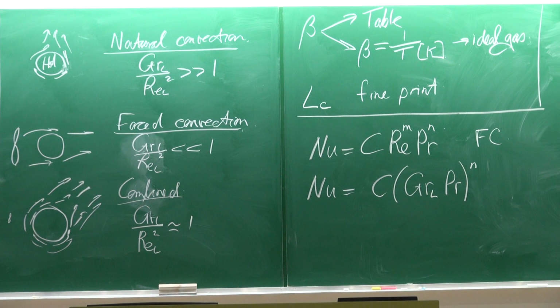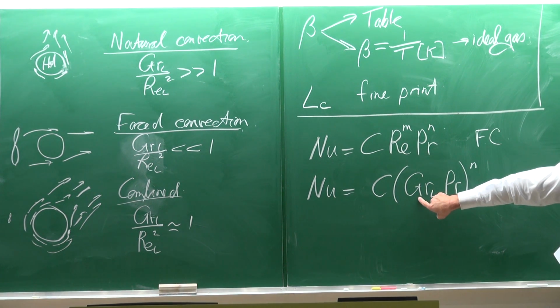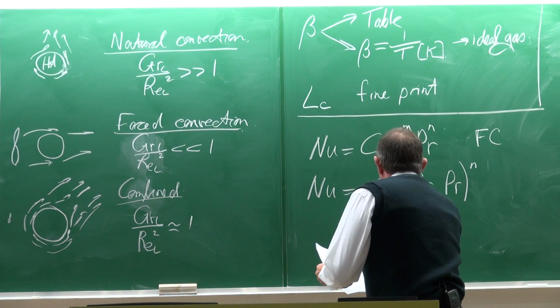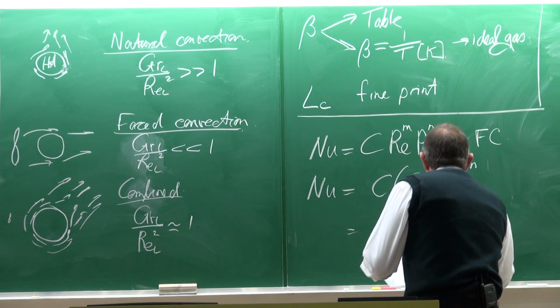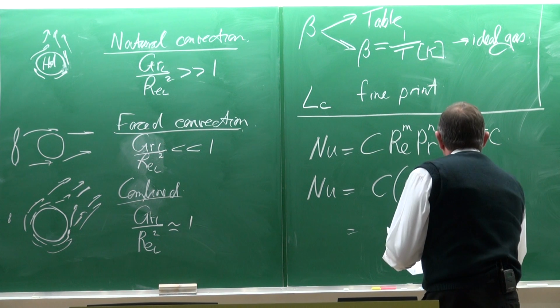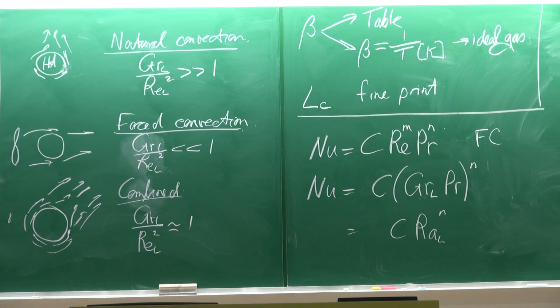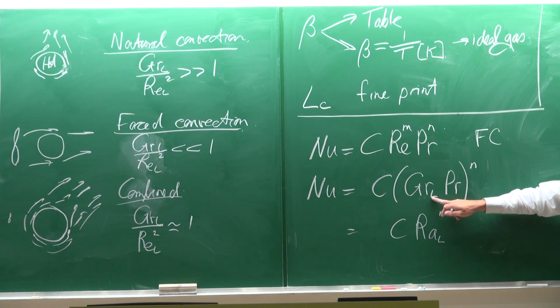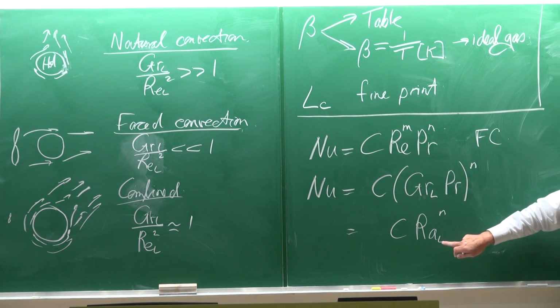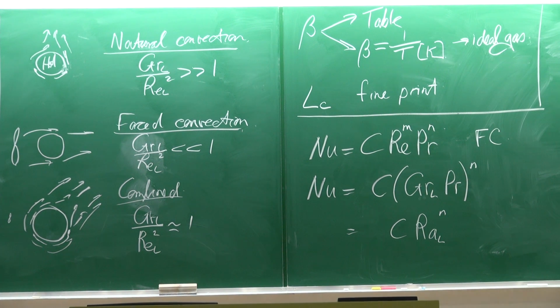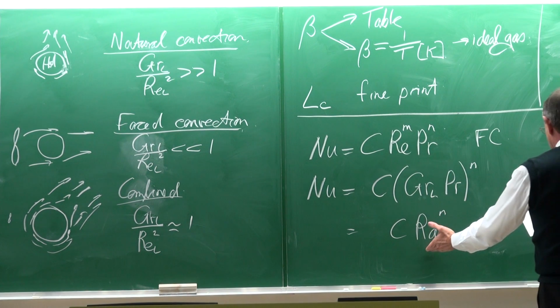Okay. And because we have these two together so many times, the Grashof number multiplied by the Prandtl number is called the Rayleigh number. So it can be written as a constant multiplied by the Rayleigh number to the n. Now with the L, of course, I'm trying to indicate this is based on the characteristic length. So this is called the Rayleigh number.